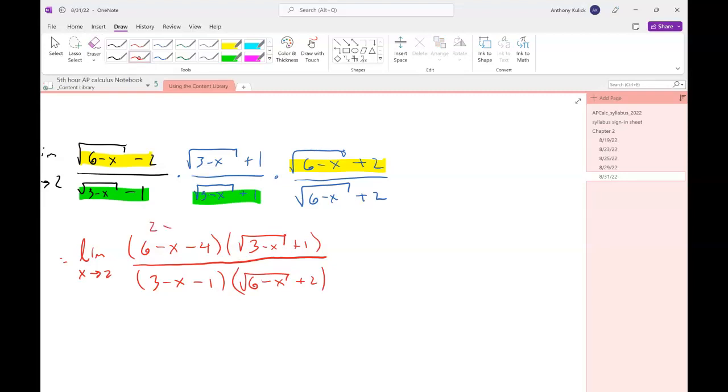So that's going to give me 2 minus x, and that's going to give me 2 minus x. And then I don't want to reduce those, I don't think, because that'll just put me right back in the same boat. So let's FOIL that stuff out.